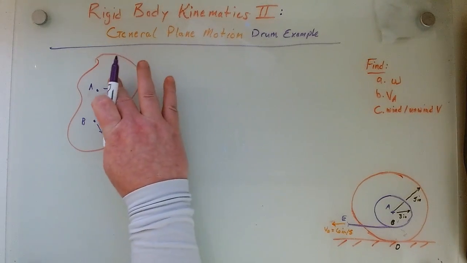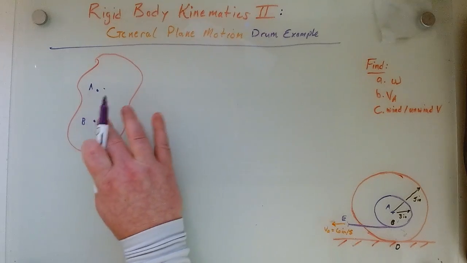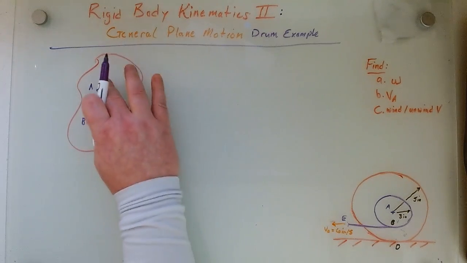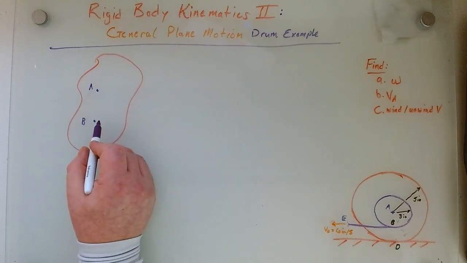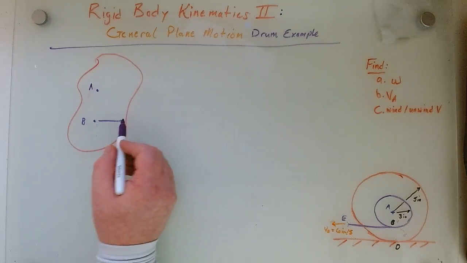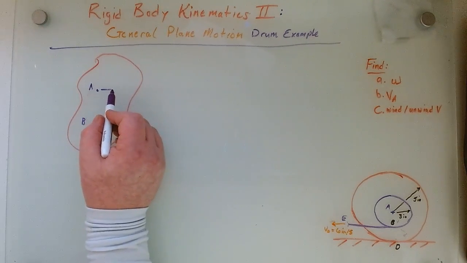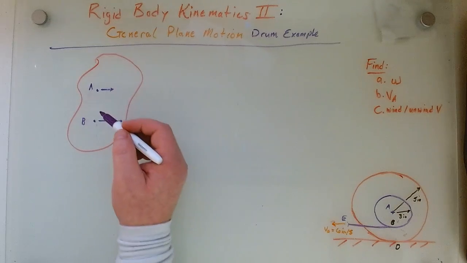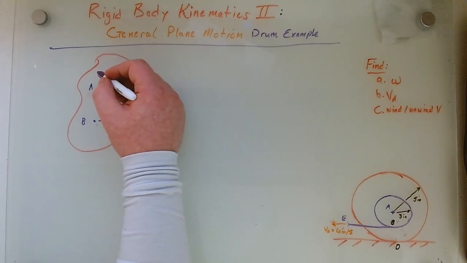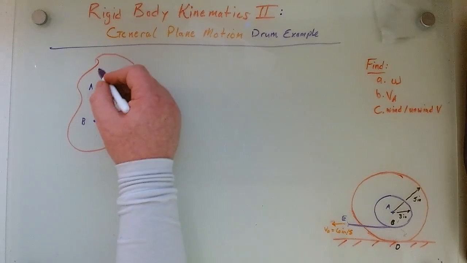So a very interesting situation arises when the velocities are parallel, right? If you can imagine B is like that and A is like that, then we can still define this point C up here, right?